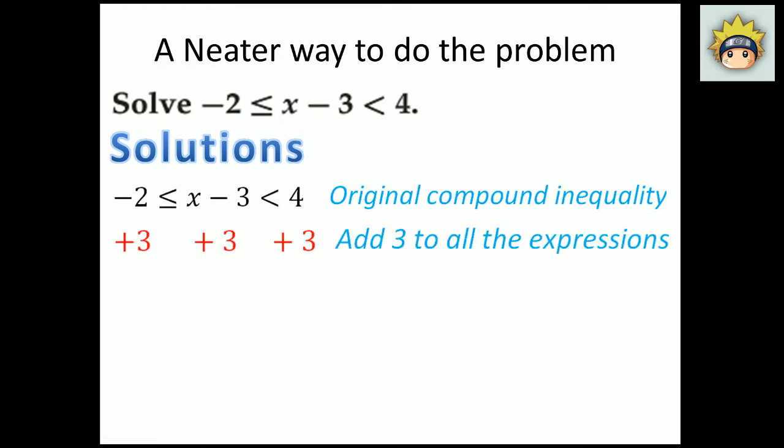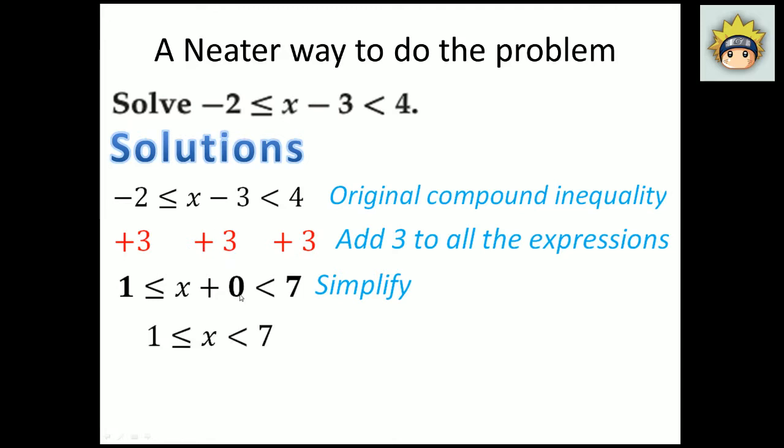They have the left-hand side and the right-hand side. So on the left-hand side, after you simplify, negative 2 plus 3 is 1. On the right-hand side, 4 plus 3 is 7. And remember, this minus 3 plus 3 becomes 0. So your solution would be x is less than 7, but greater than or equal to 1.